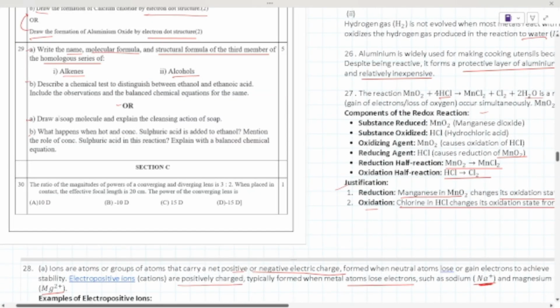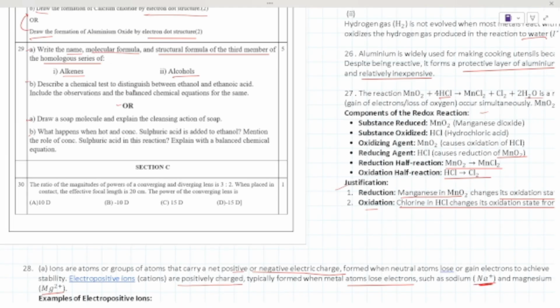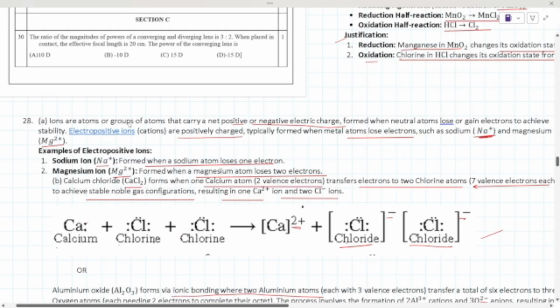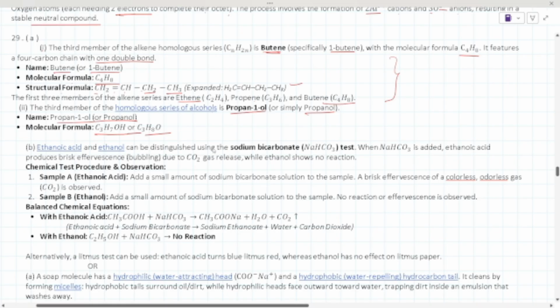Okay. After that, describe a chemical test to distinguish between ethanol and ethanoic acid, with the observation and a balanced chemical equation. So let's see here.